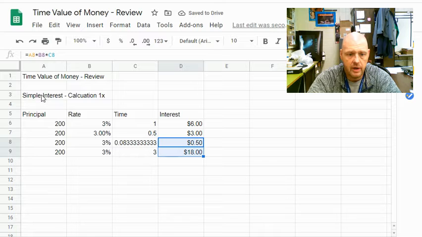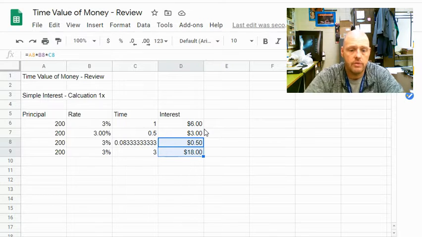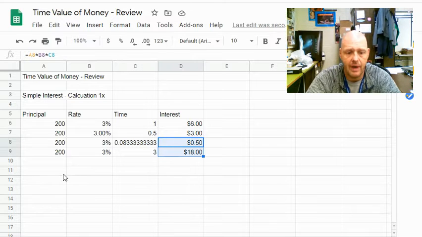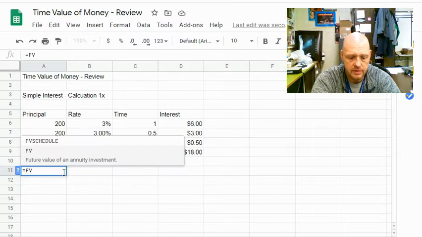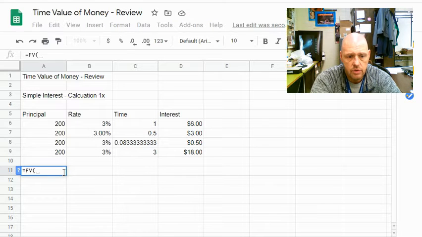So simple interest calculated one time, principal times rate times time. This is the old school way to do it. You can also do it using the future value function way. Now, the future value function is going to ask you to plug in the interest rate first.